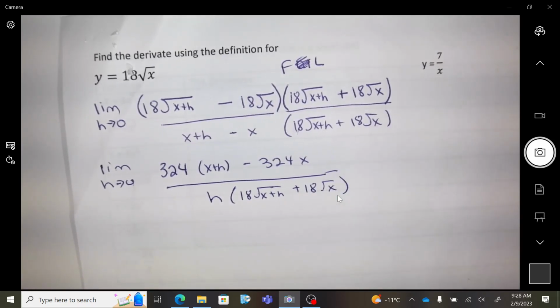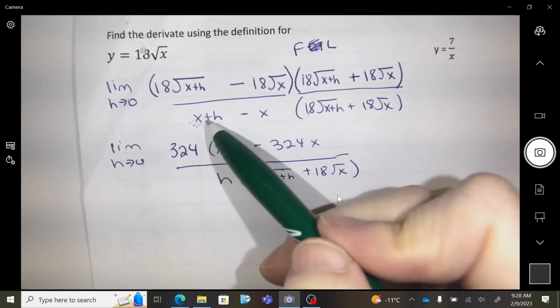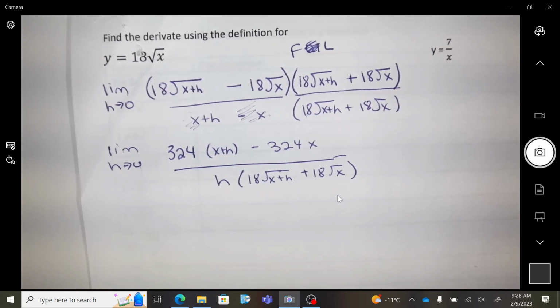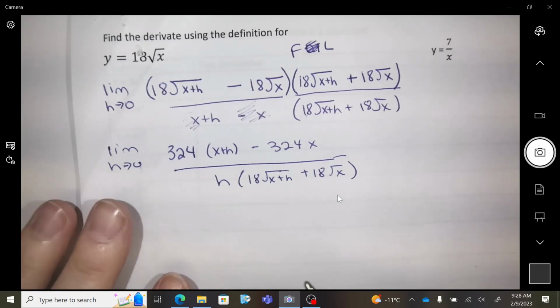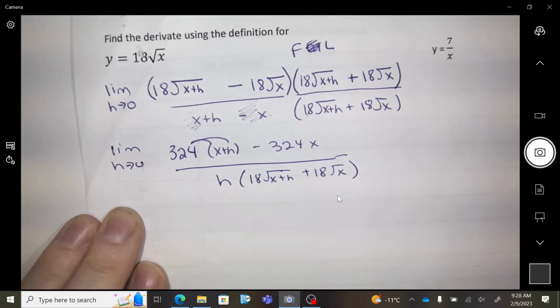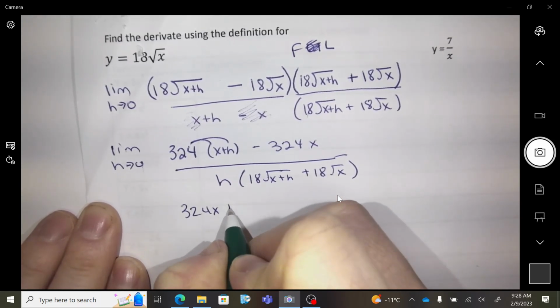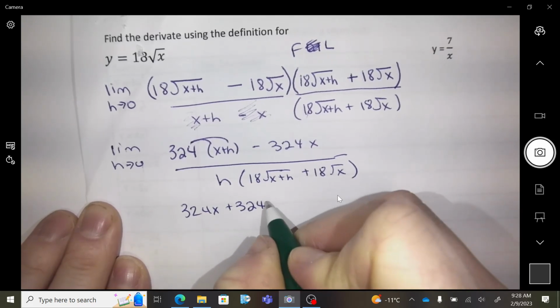On the bottom, obviously you saw that I took those x's out, but otherwise I'm not going to do anything with it. I'm just going to leave it like that. Okay, so this makes 324x plus 324h.